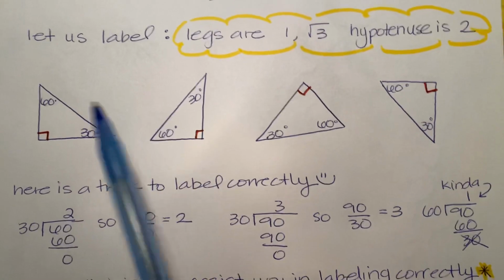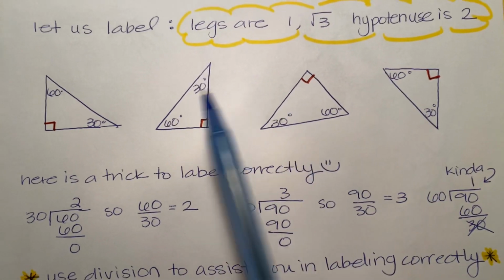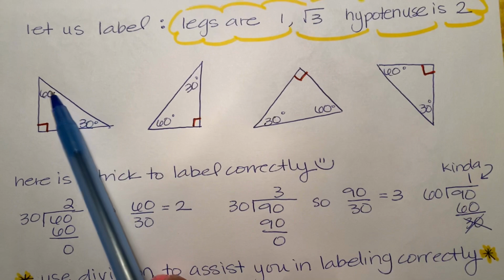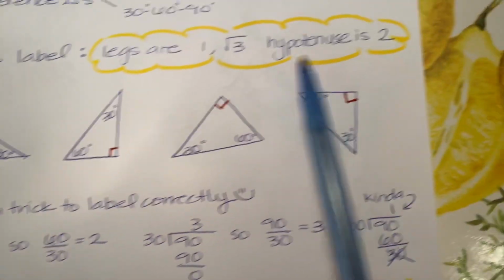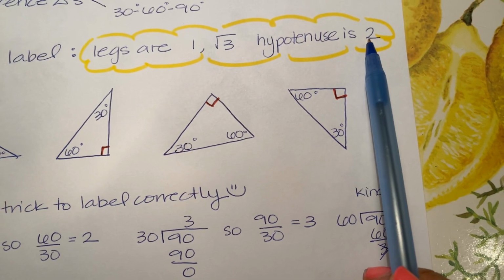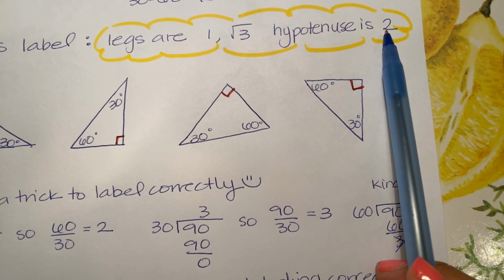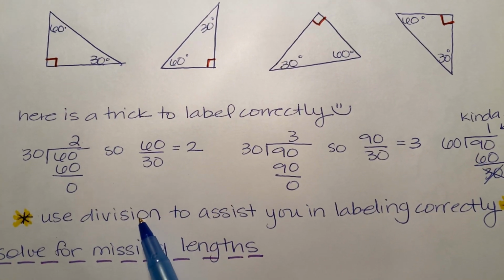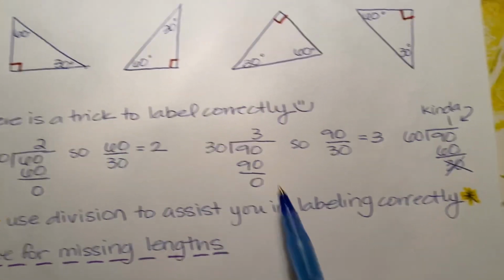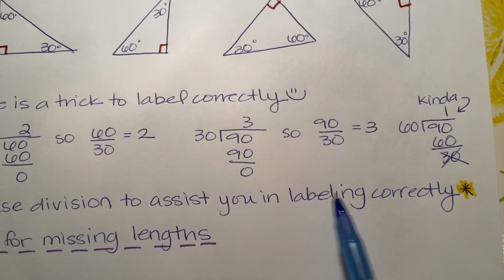When you look at the 30, 60, 90 reference triangle, your 30-60 side, which is always your hypotenuse, is always the length 2.